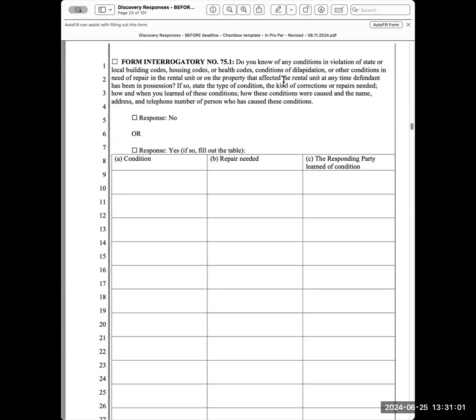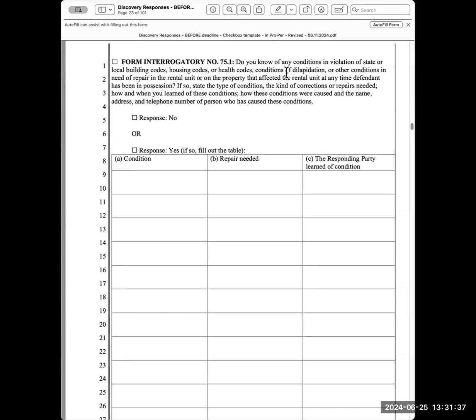And it says, do you know of any conditions in violation of state or local business codes, housing codes, or health codes, conditions of dilapidation, or other conditions in need of repair in the rental unit or on the property that affected the rental unit at any time defendant has been in possession? So if you look at this list of possible ways of addressing the question, you may not know if they violate state or local business codes, housing codes, health codes, right?